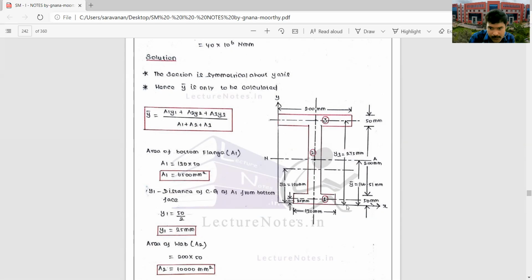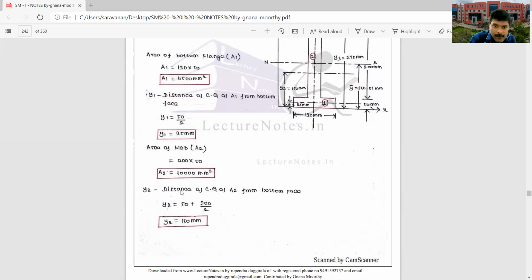The CG is at 50 by 2, that is a distance of 25 mm from the bottom. So y1 is equal to 25 mm.